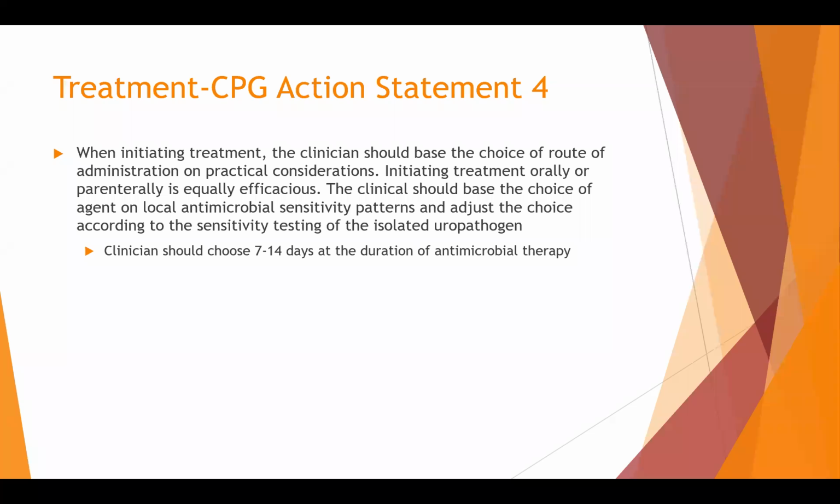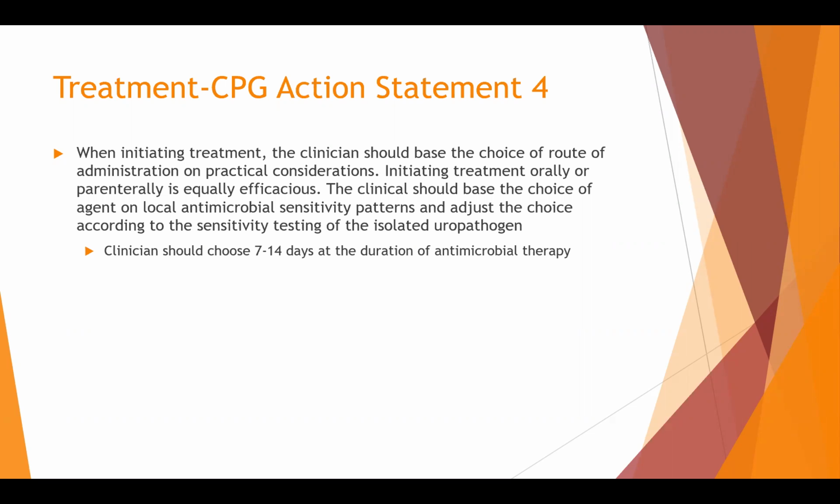as the duration of the therapy. Now, if it'll pull up, actually, I don't know if it will since my other one didn't pull up, but we can talk about our guidelines for Prisma Health, that a lot of times for just a plain cystitis, we can do 5 days of treatment.